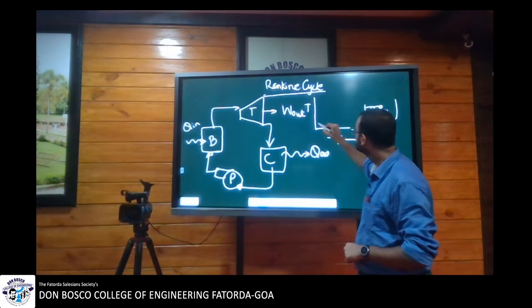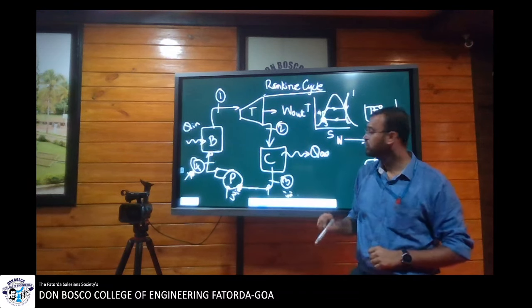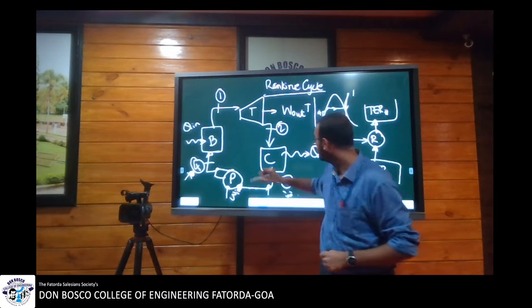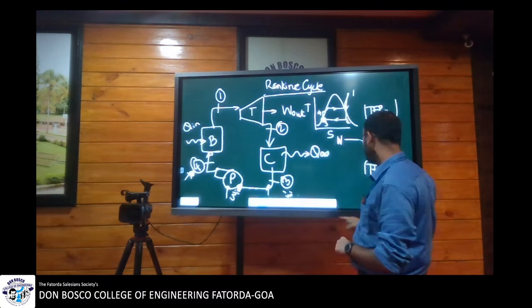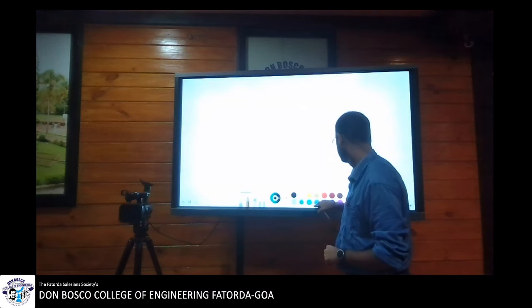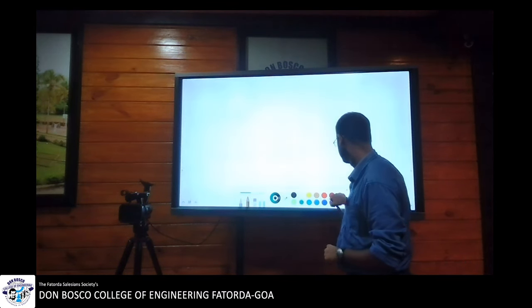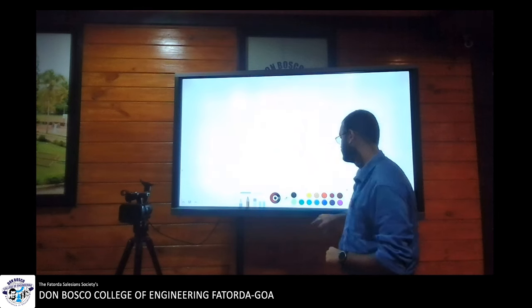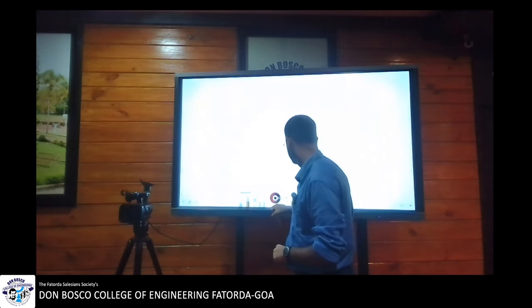Okay, so we start here and what we do is basically reverse this entire cycle. We are normally working this way. Now what we are going to do is reverse this cycle.